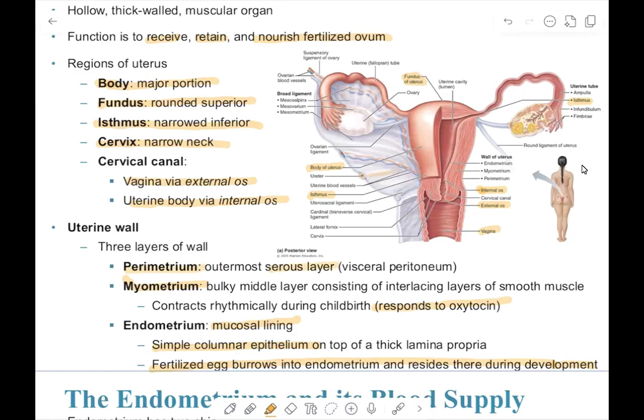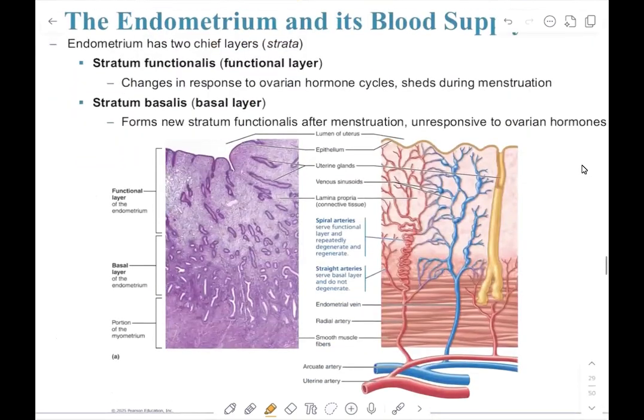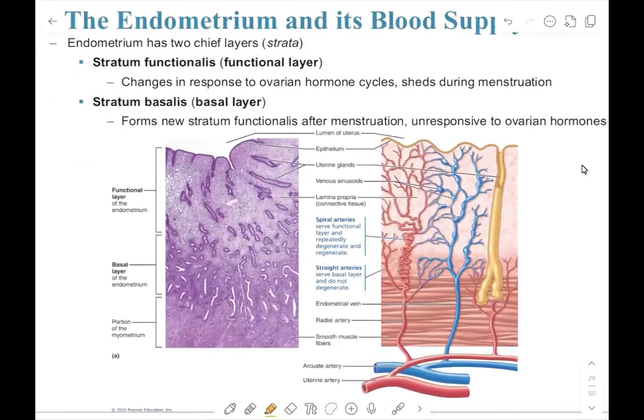So the innermost lining of the uterine wall is the endometrium, and it can be subdivided into two different layers. Really the most important layer that we're going to talk about is the functional layer, called the stratum functionalis, and it responds to estrogen and progesterone.